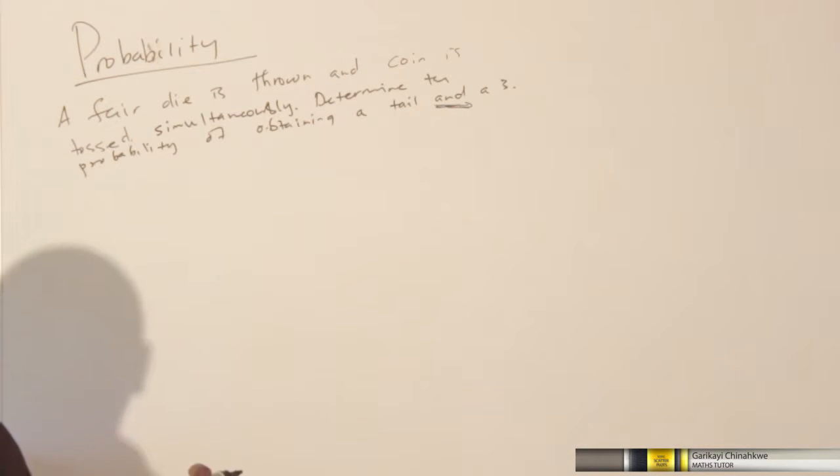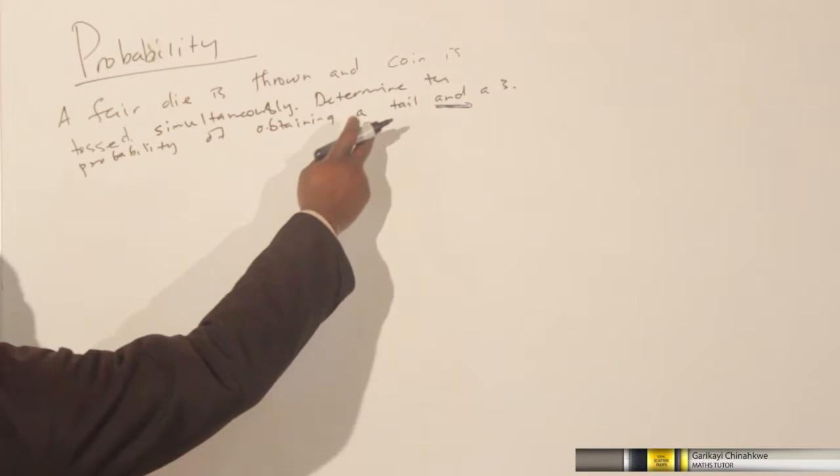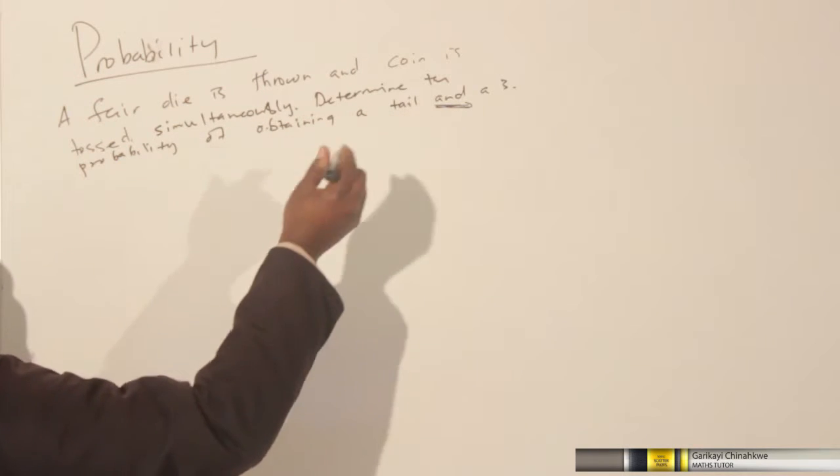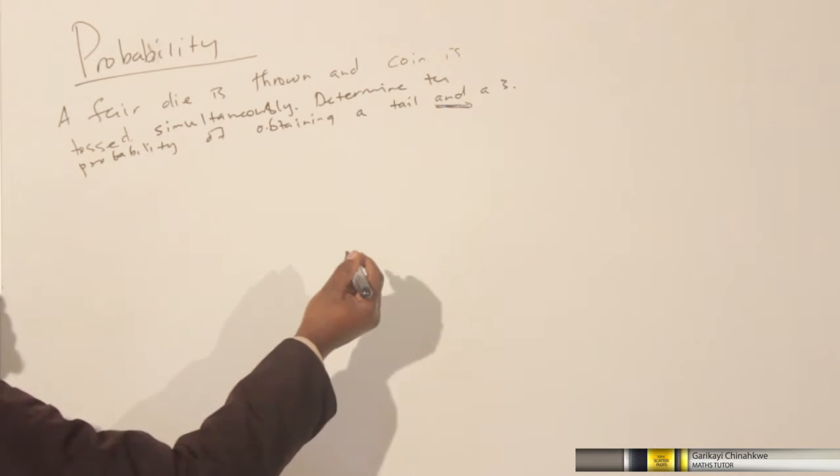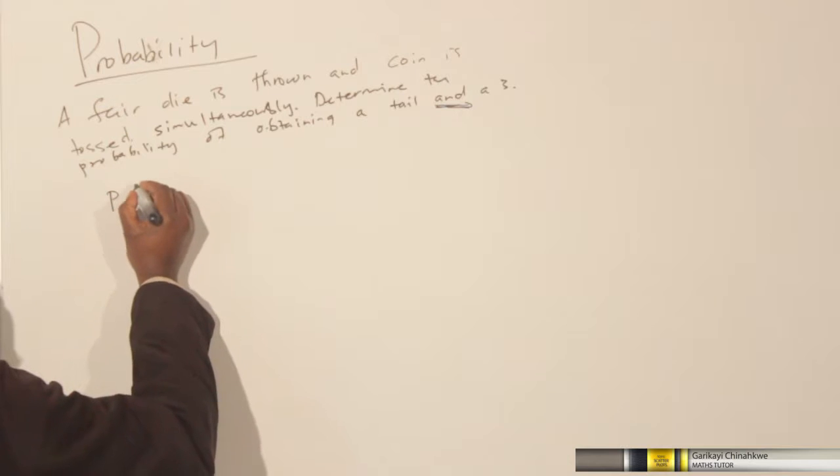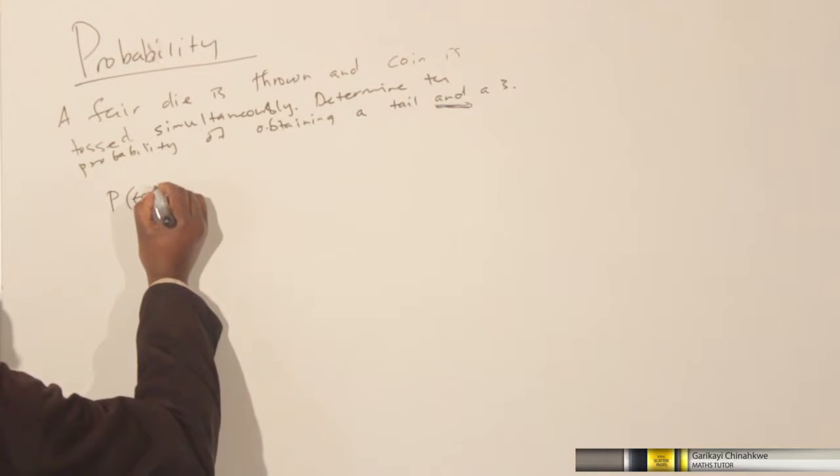Whenever there are two events taking place, I'm just going to underline this word "and." Now they want you to determine the probability of obtaining a tail, and first of all you must know the probability of obtaining a tail. This is how you write it.